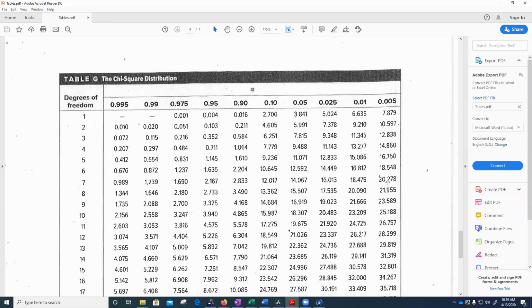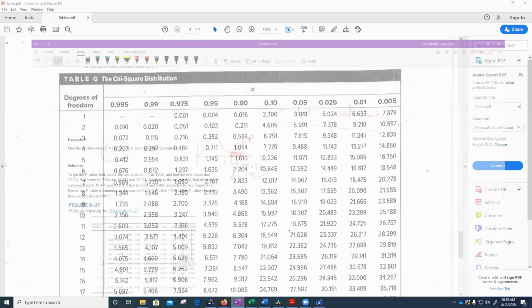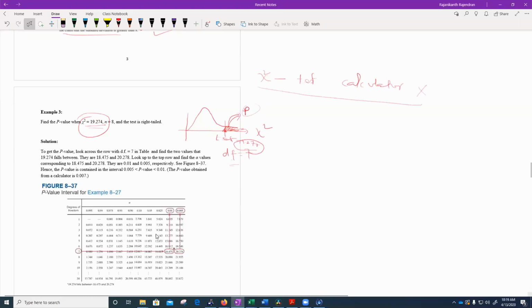Even though I don't know the exact value, I can say that the area for 19.274 is between these two values. That is why they explain everything clearly here.